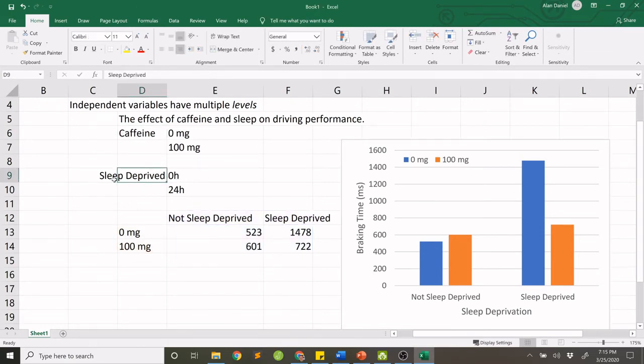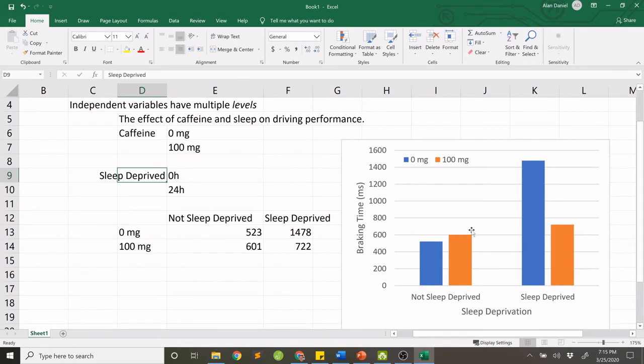Likewise, if we looked just at the effect of sleep deprivation without the caffeine, whereas before we looked at the orange bars versus the blue bars, now we're going to look at the not sleep-deprived bars and compare them to the sleep-deprived bars. So let's say we average these two, and they're going to be something like right here, in that vicinity. If we average these two, it's going to be something like right there.